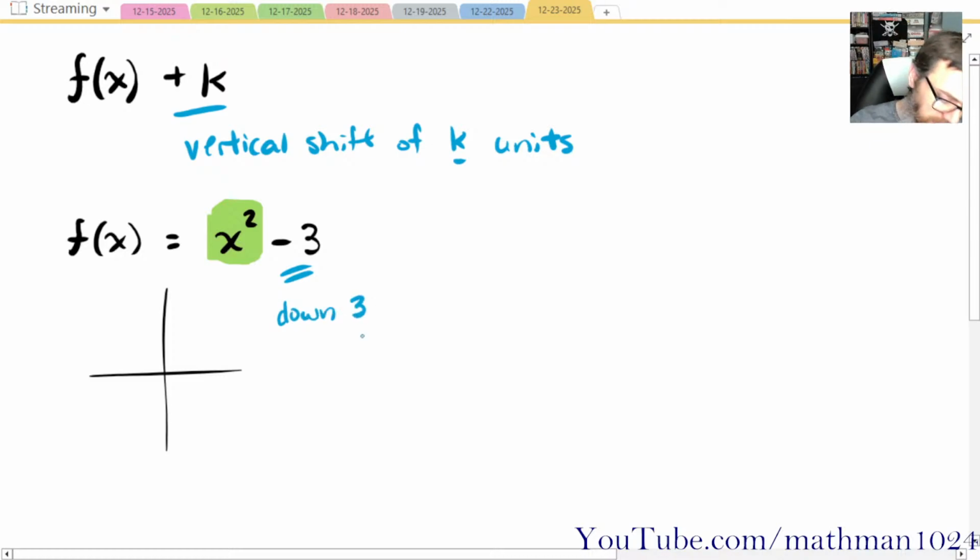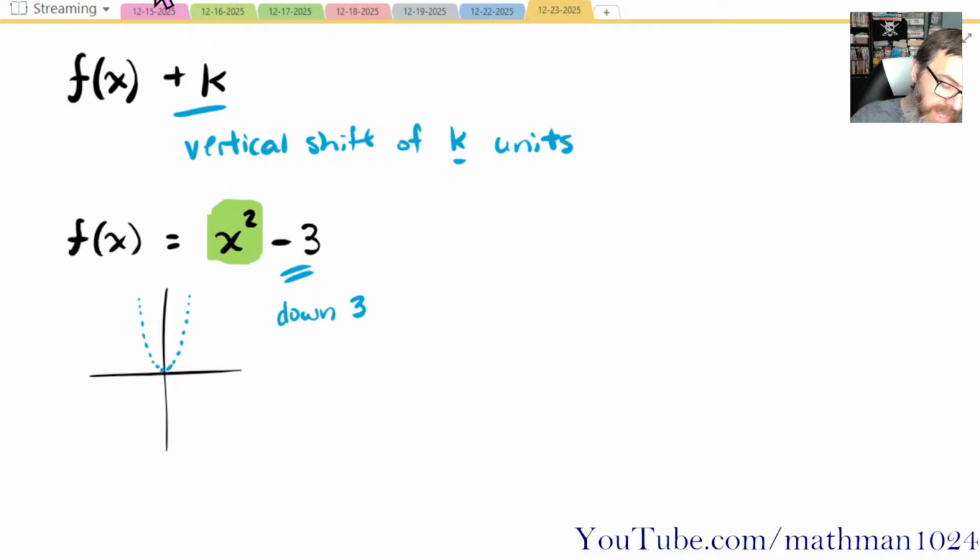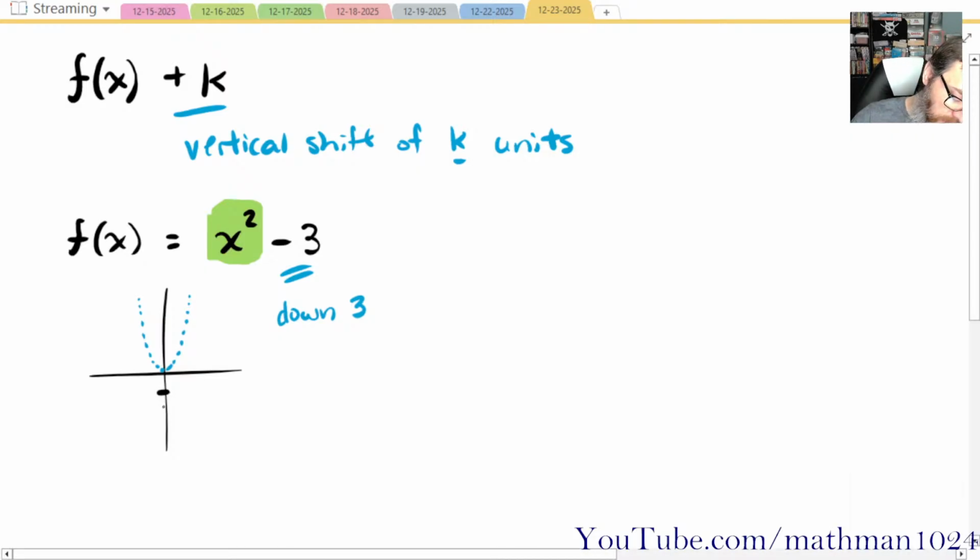So it's going to take the basic shape that I have for my parabola. Remember, that was the shape for the squaring function. I'm going to take this and I'm going to go down 1, 2, 3 units, and then I'm going to rebuild from here that parabola. And that's all that means.